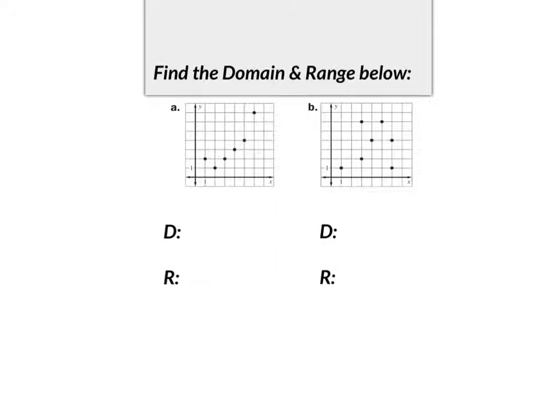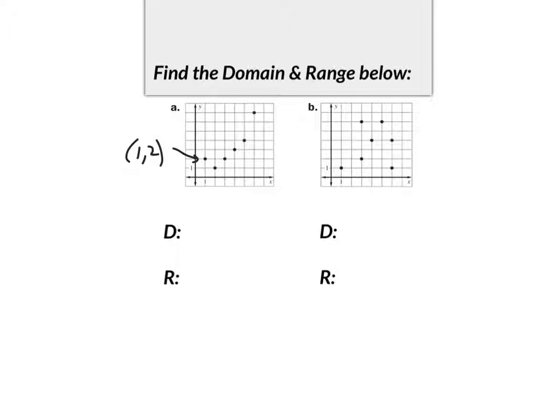But as you see here on these graphs, these are all just little dots, and the dots represent just ordered pairs, right? So all you're going to do here is list out your domain and range from these ordered pairs. So for example, this point right here is the ordered pair 1 and 2, okay? And then you have all these ordered pairs.